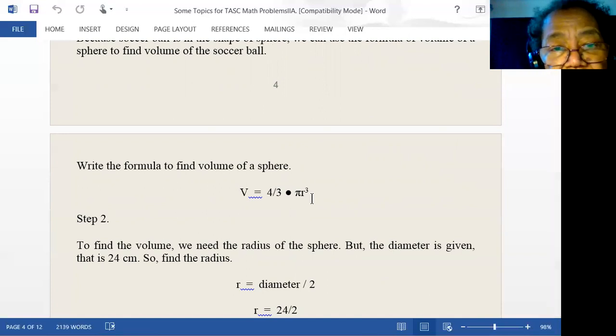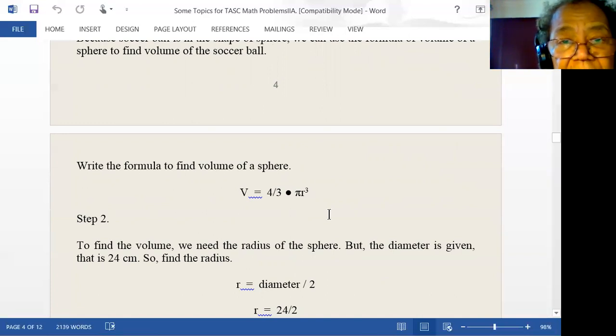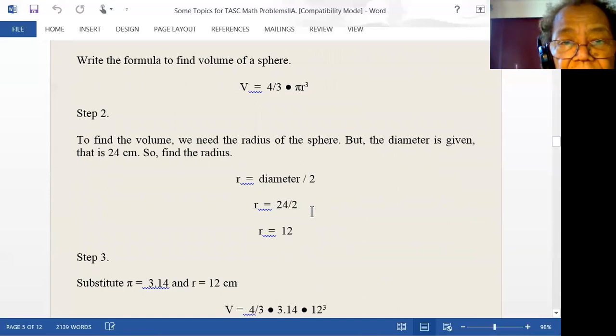Now, to find the volume, we need the radius, as I said before, but the diameter is given as 24. So the radius is half the diameter. We just take our diameter, divide by 2, and we get our radius equal to 12. And that's 12 centimeters.